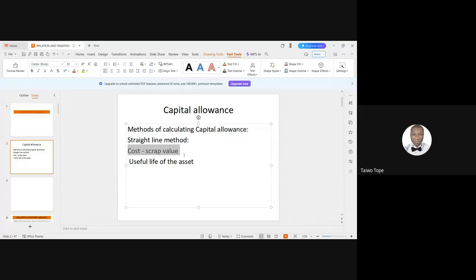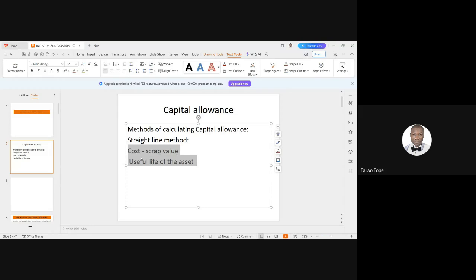Where the question states clearly in the additional information that capital allowance is to be charged using the straight line method, it makes the work very easy. But I know in most questions, they will not come up with this approach. They will come up with the reducing balance method.